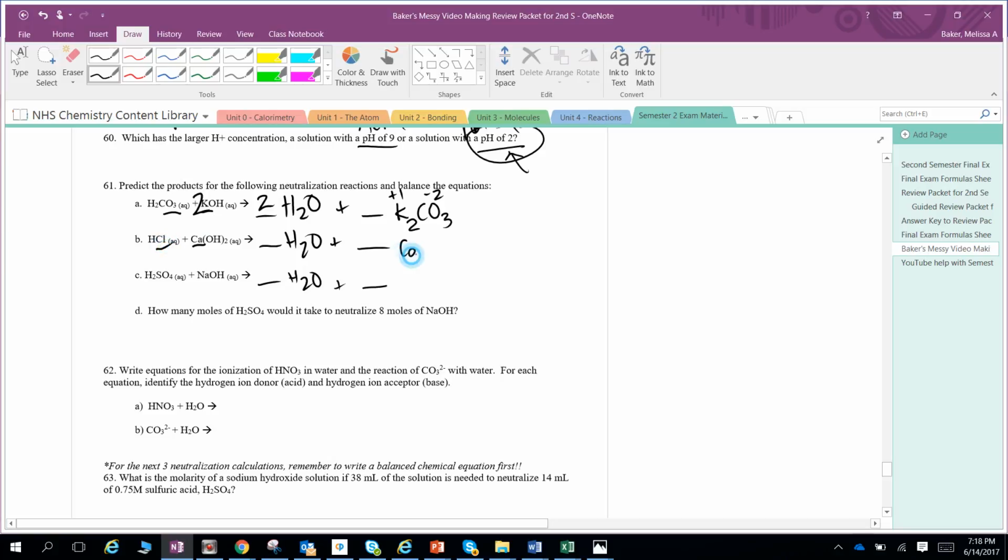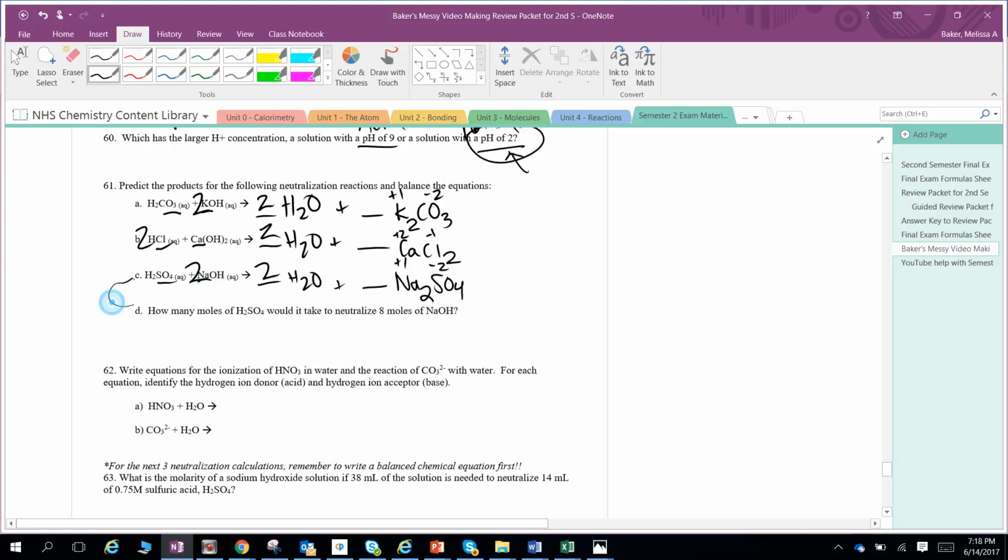Calcium and chlorine are left over in letter B, forming CaCl2, requiring a couple of 2's. And Na and SO4 are left over in letter C, forming Na2SO4, requiring a couple of 2's.